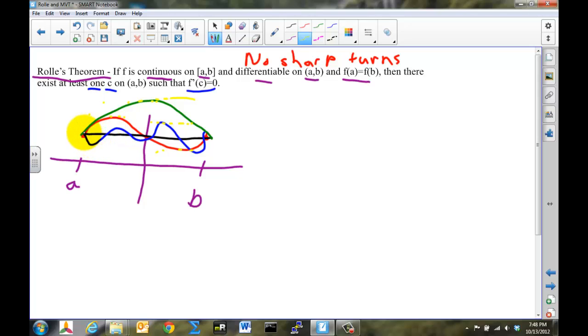So there's 5, and on this black straight line, at every point the derivative equals 0. That's really all that Rolle's theorem tells us: if the endpoints are the same height, then the function has to have at least one point in there where there is a critical point and where the derivative equals 0.